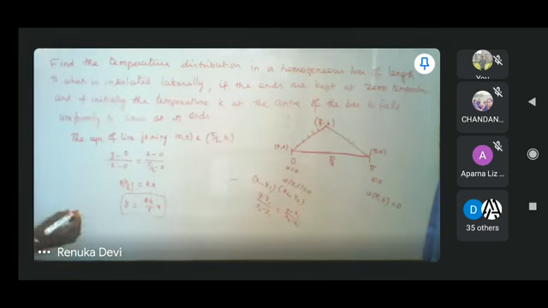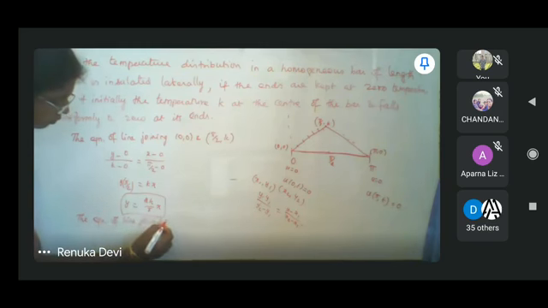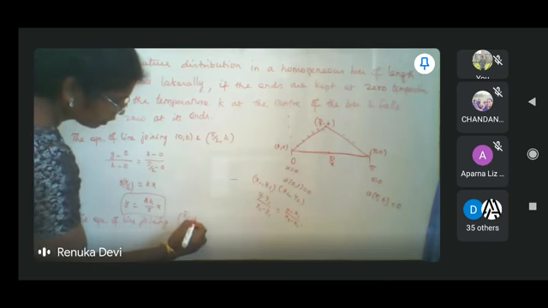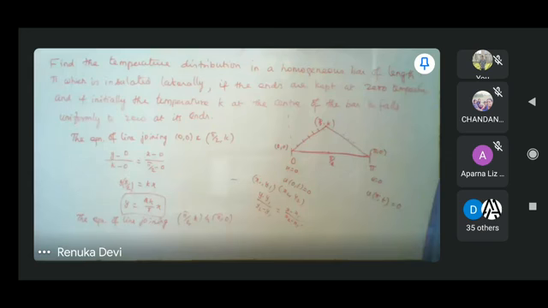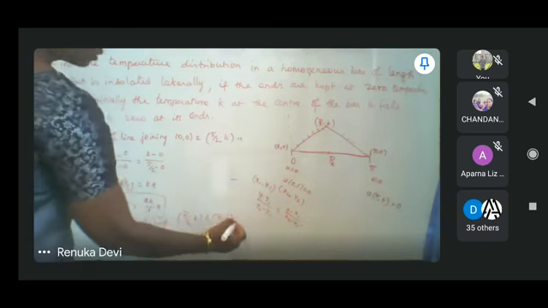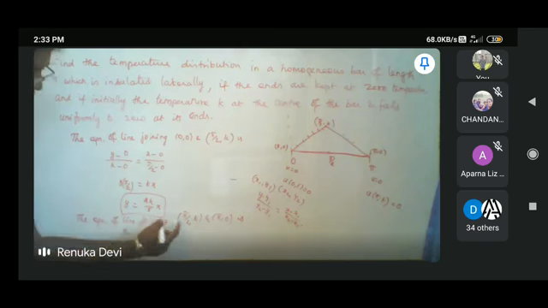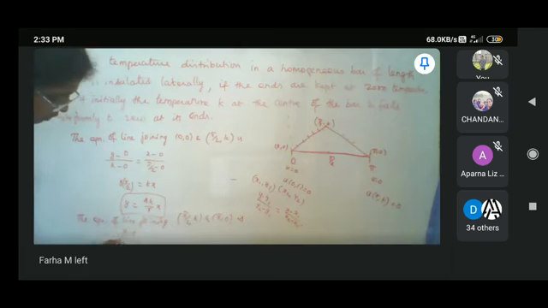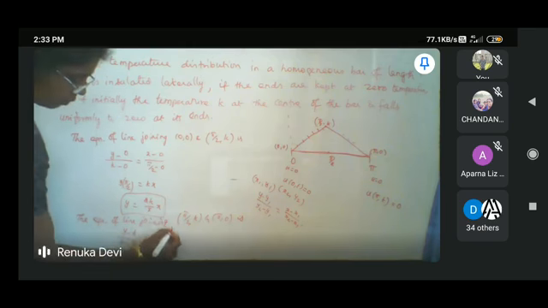So the equation of the line joining pi by 2 comma k and pi comma 0, in the same manner: y minus k, this is x1, y1, divided by 0 minus k, equal to x minus pi by 2 divided by pi minus pi by 2.